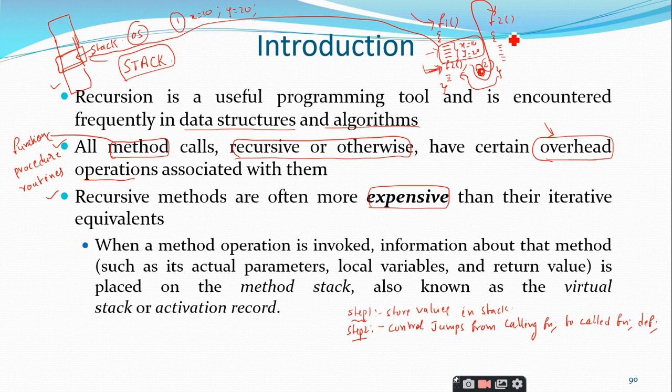After that, it will execute the body of the function, so f2 will be executed. What is step 3 here? Execute the called function. And after executing the called function definition, the control will jump back from the called function to the calling function.